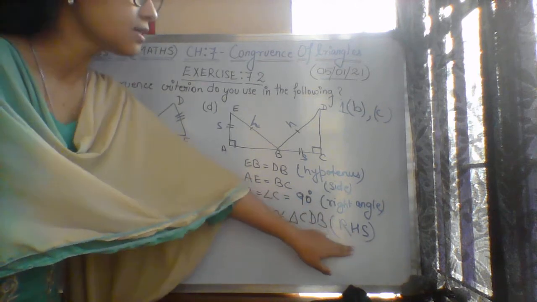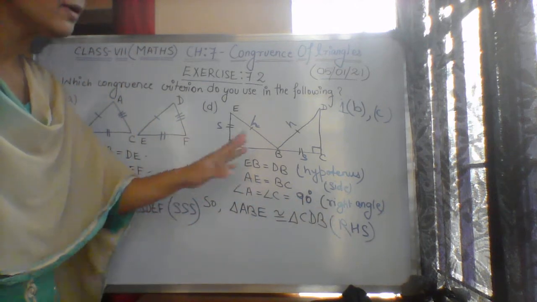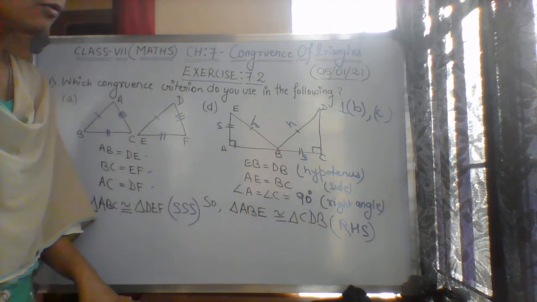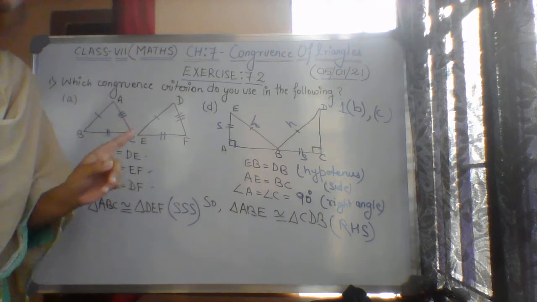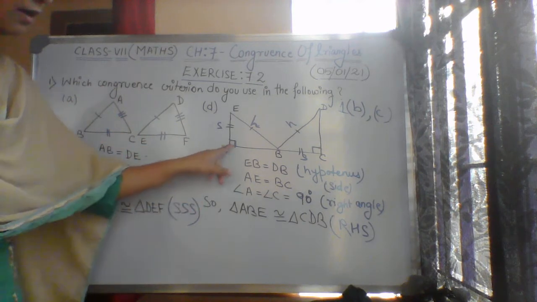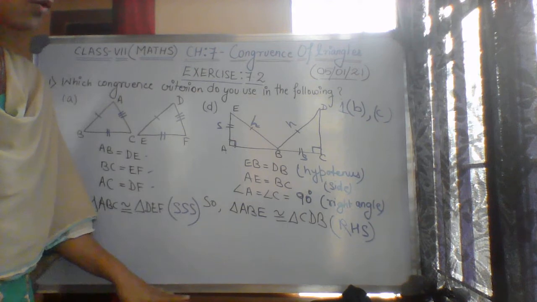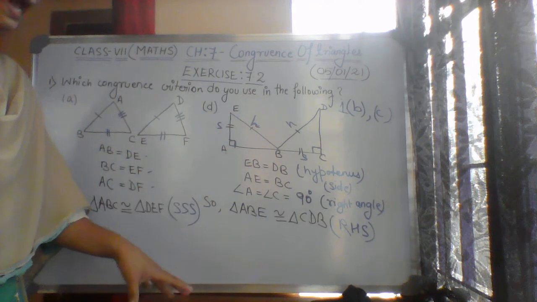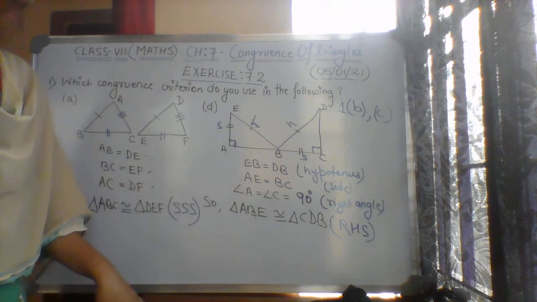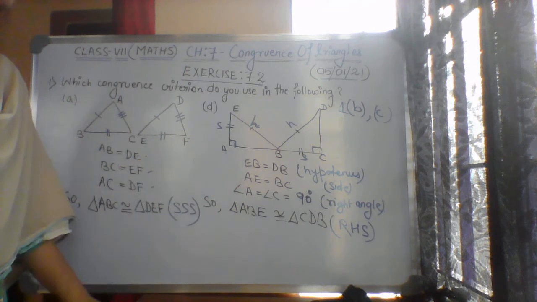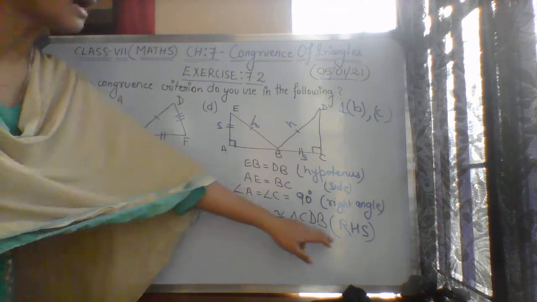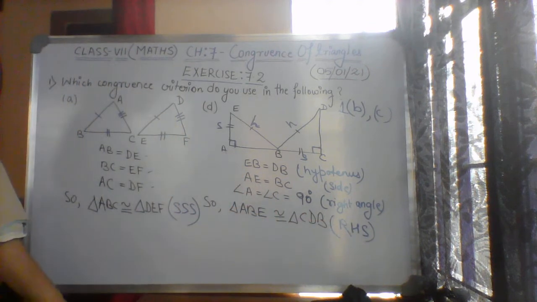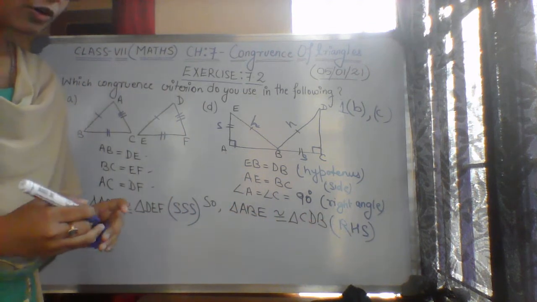In RHS criteria, there will be two triangles, and those two triangles will have a 90-degree angle, the hypotenuse will be equal in both triangles, and any one of the sides other than the hypotenuse will be equal. Then RHS criteria is applied over there.